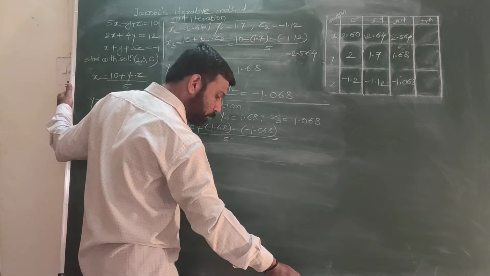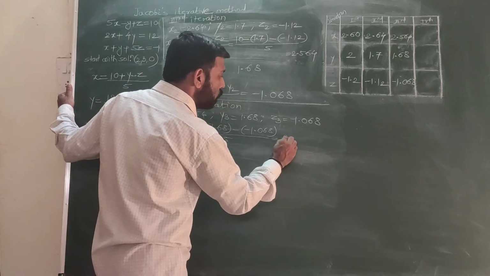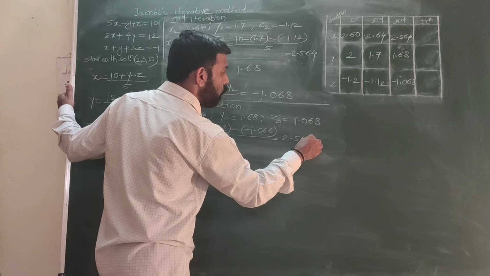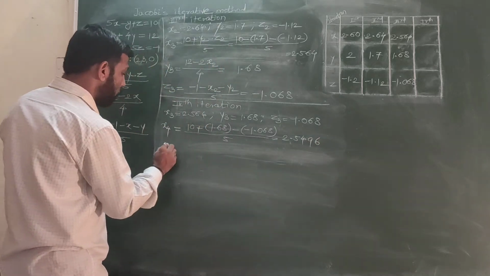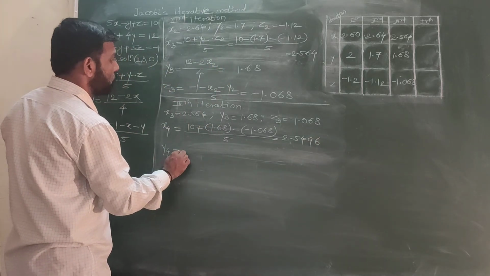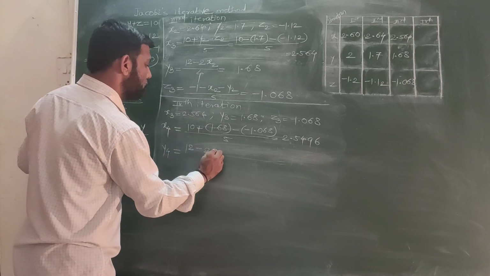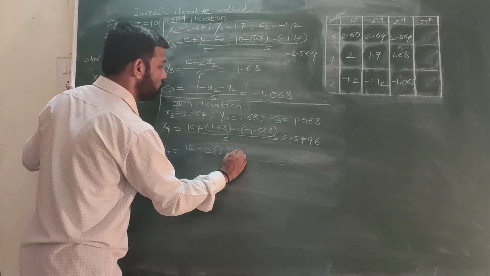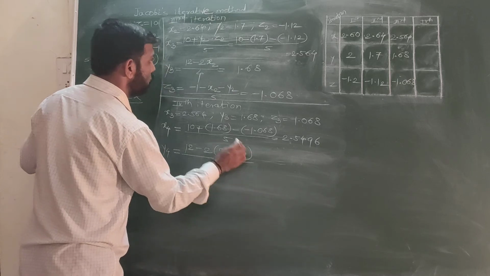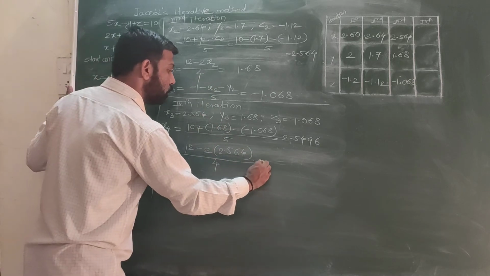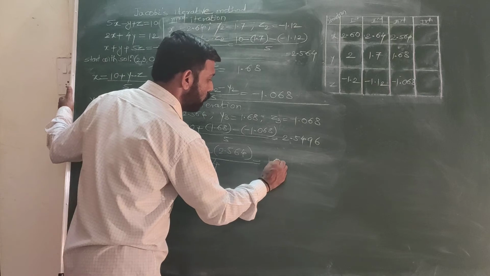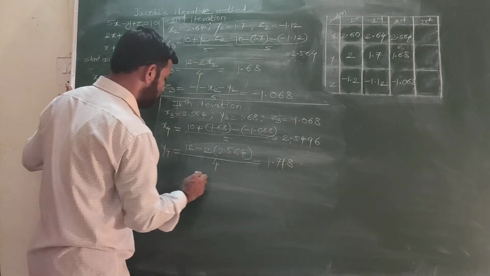Output of this is 2.5496. y4 equals (12 minus 2 x value) divided by 4. Output of this is 1.718.